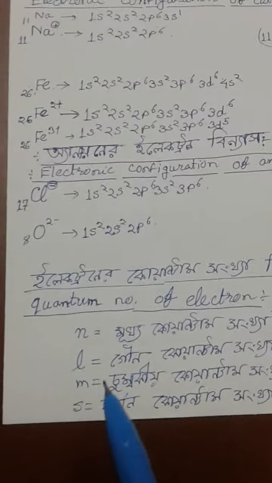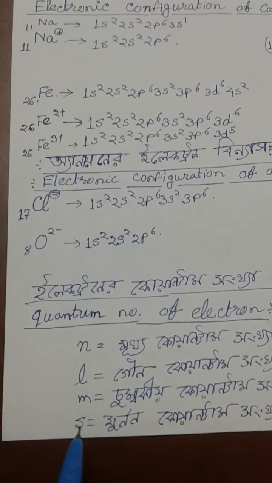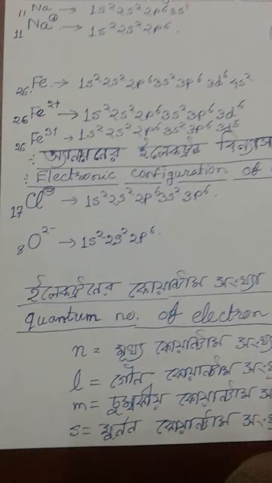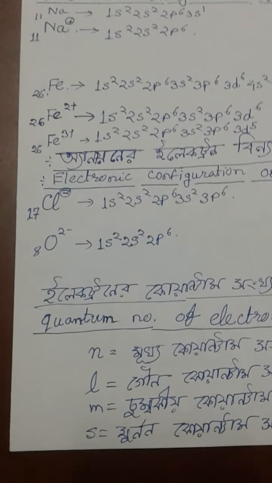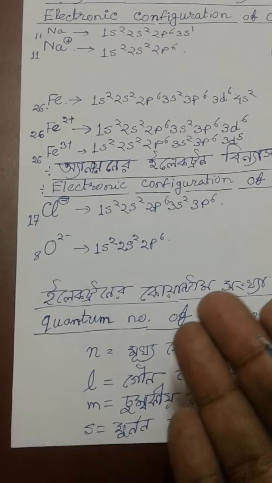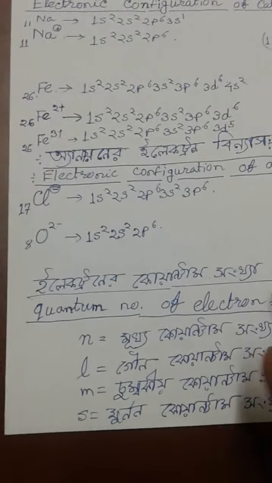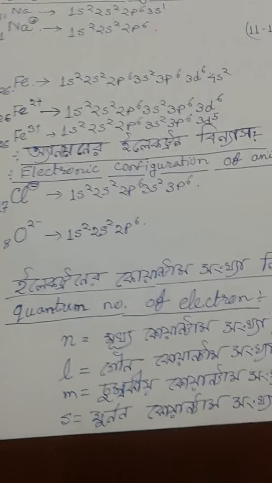By using quantum numbers, we can identify each and every electron present in the atom. It is like our pin number. By pin number we can identify our home.